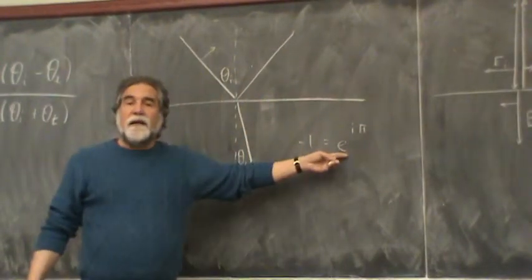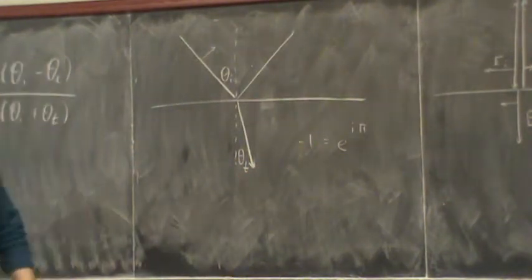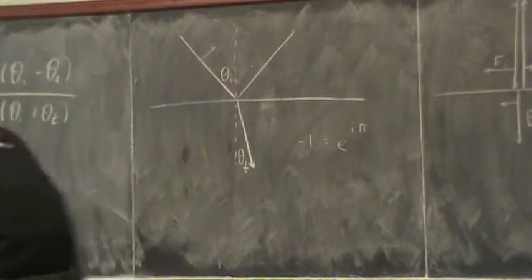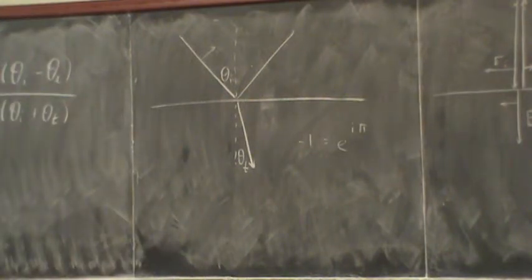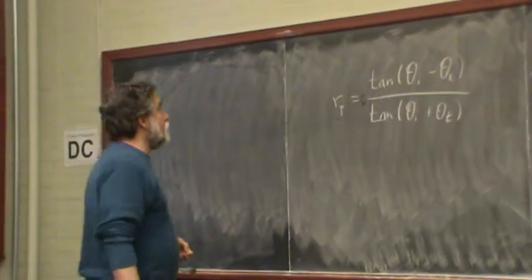So that's a phase change of pi when the field changes by a factor of -1, right? When the reflection coefficient changes by a factor of -1. And then we can ask, so you were asked to argue that when you go above or below the Brewster angle, the sign changes as you cross through the Brewster angle.